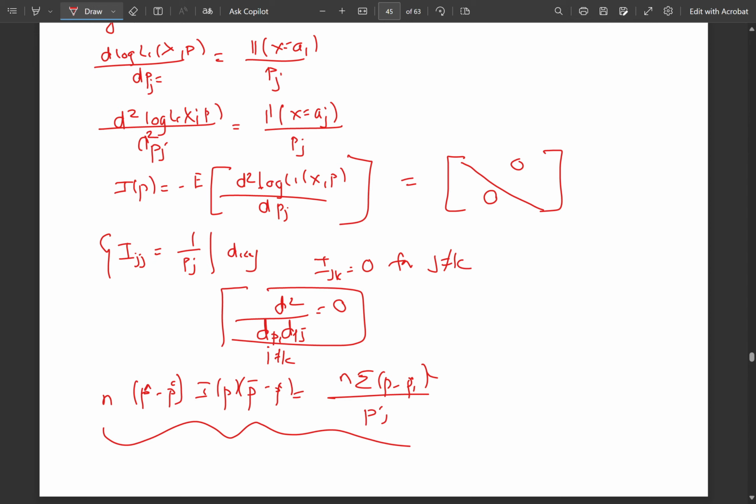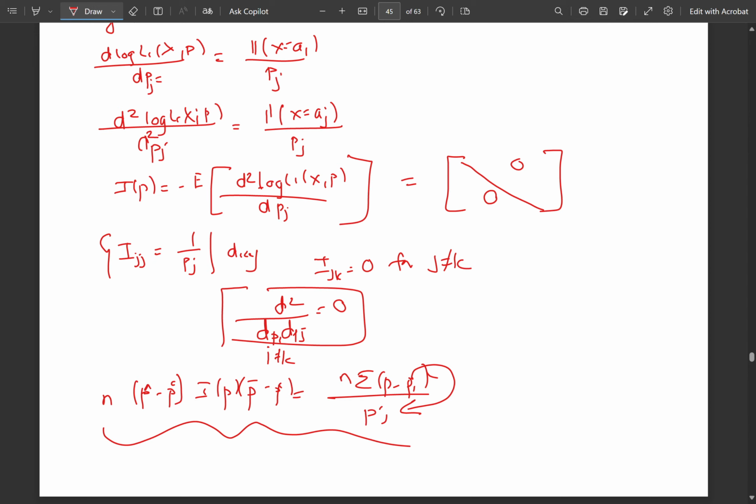In fact, the pjs are supposed to be independent, but one pj depends upon the other pj. That's why we have to be careful when we do this. In general, when we have a zero matrix, then this is not a problem. But in this situation, this will be wrong.